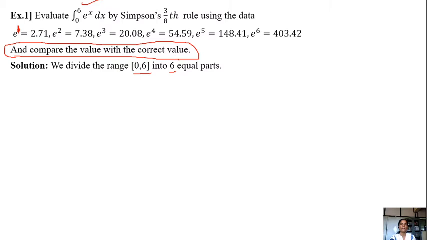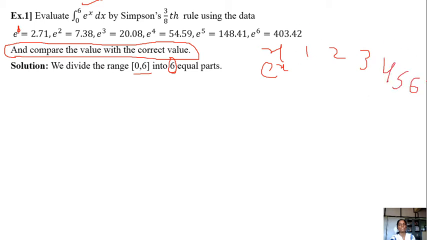One more thing is that it is not mentioned how many subintervals are there, but you have to decide from the given data. The given data is x and the respective e raised to x. So how many arguments are there? 1, 2, 3, 4, 5 and 6.